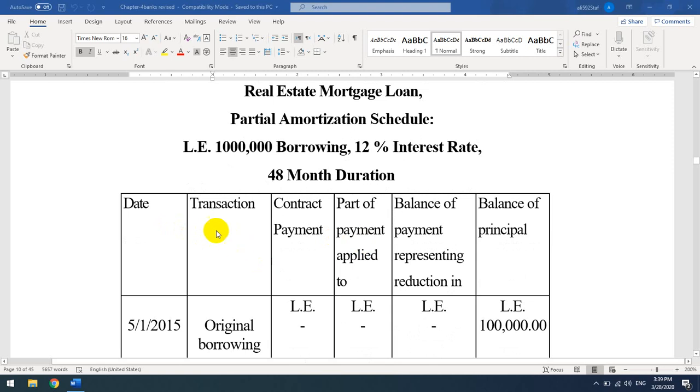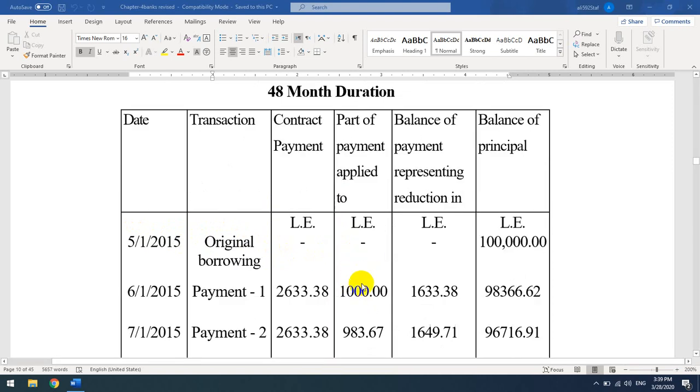This schedule includes the date, the transaction, the current payment, the part of the payment applied to the interest, and the balance of the payment representing reduction in the principal. This column is for the interest, this column for the reduction of the principal of the mortgage loan.